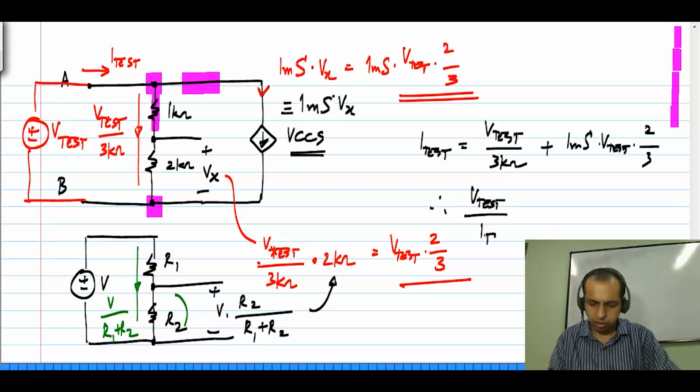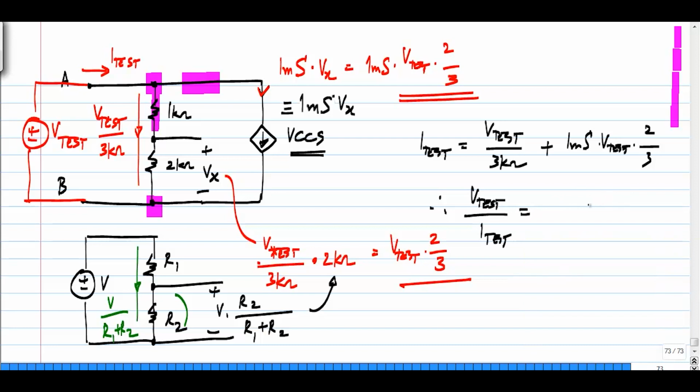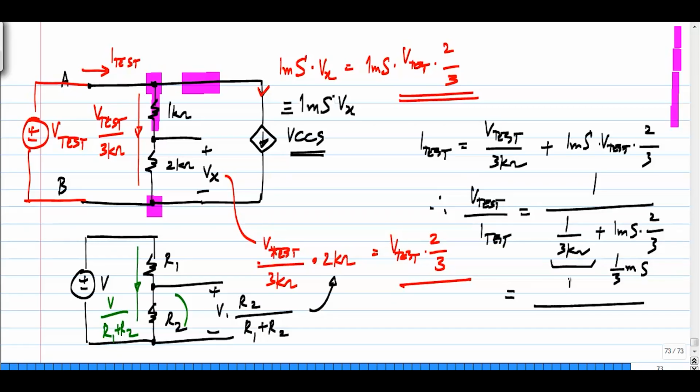V-test by I-test will turn out to be 1 by 3 kilo ohms plus 1 millisiemens times 2 by 3. Okay. Which this part you realize is 1 by 3 millisiemens. So this is 1 by 3 millisiemens plus 2 by 3 millisiemens.